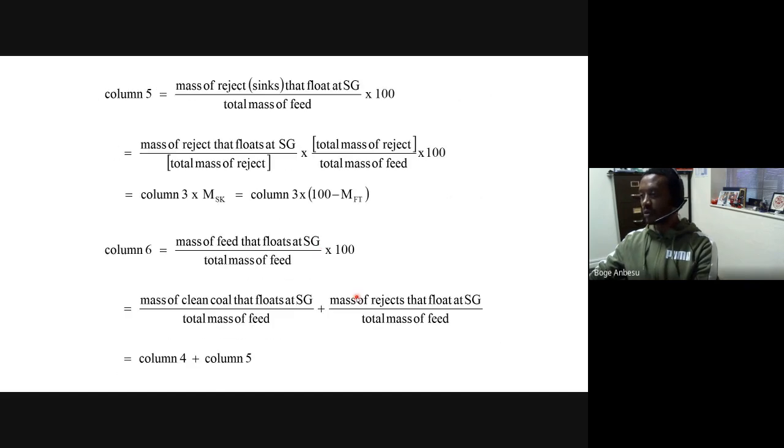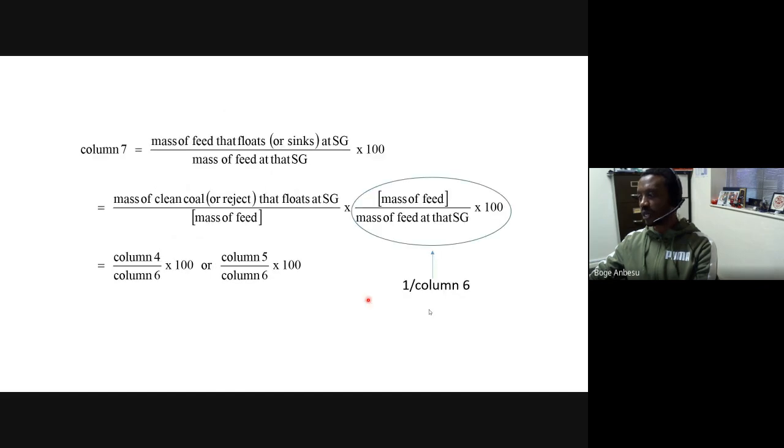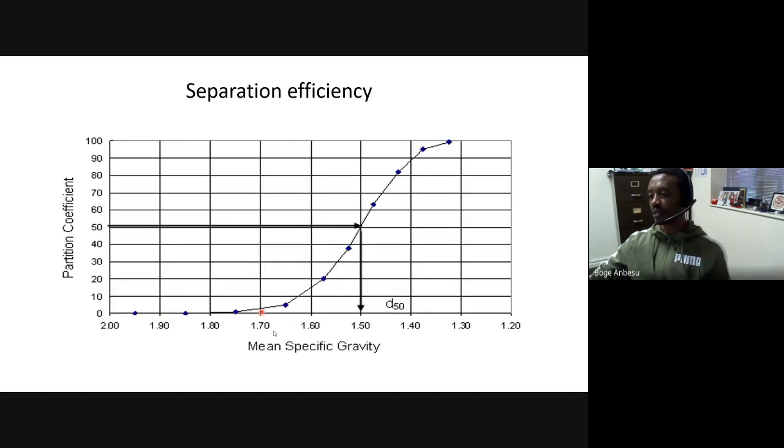Okay, so read through this one slowly, but very similar to what we did for the hydrocyclone operation. So at the end of the day, you would have partition curves, just like we did for the hydrocyclone operation. Okay, so column 4 by 6 or column 5 by 6 will give you something like this one. Partition curve versus, now instead of the size, which we did for hydrocyclone, we have specific gravity.